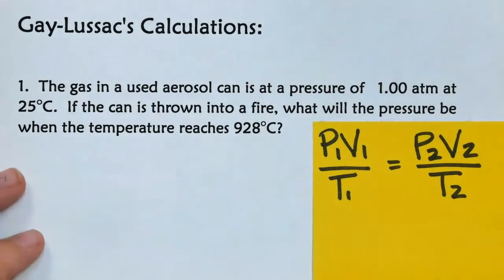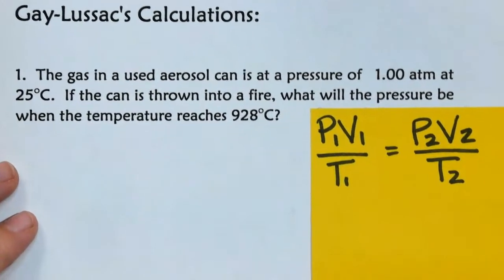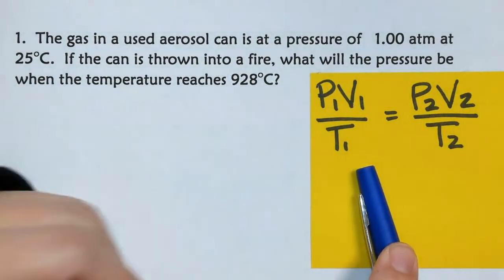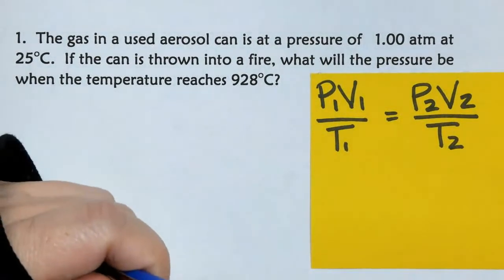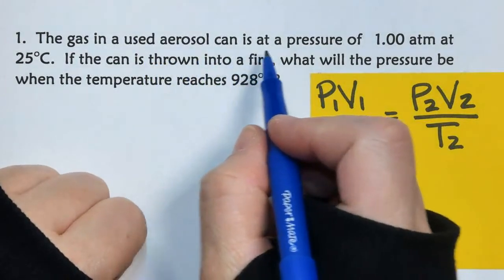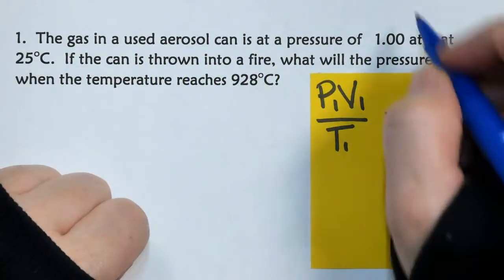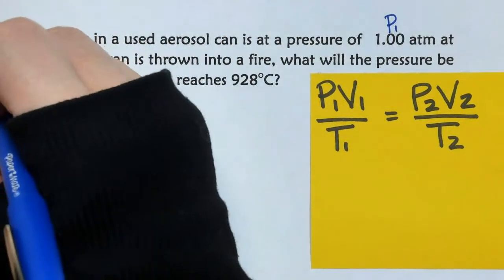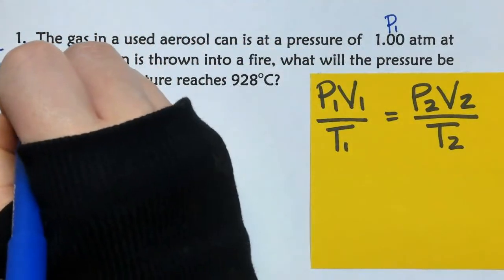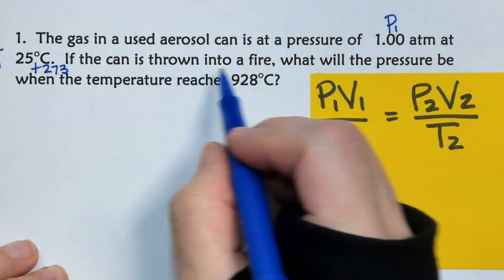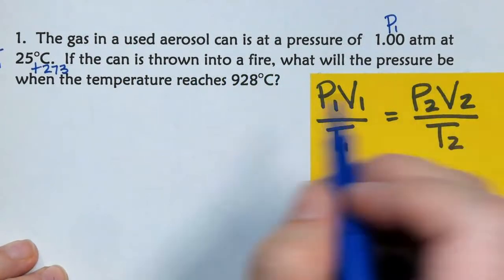So now let's look at some Gay-Lussac's law calculations, where, of course, we're going to use this equation, and let's label our variables in the problem. The gas in a used aerosol can is at a pressure of 1 atmosphere, so this is my P1. And it's at this temperature, that's going to be T1, remember, Celsius plus 273. If the can is thrown into a fire, what will be the pressure?